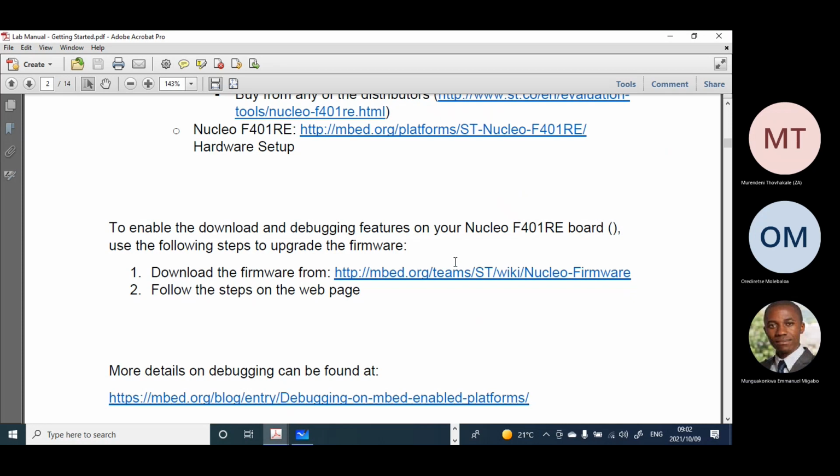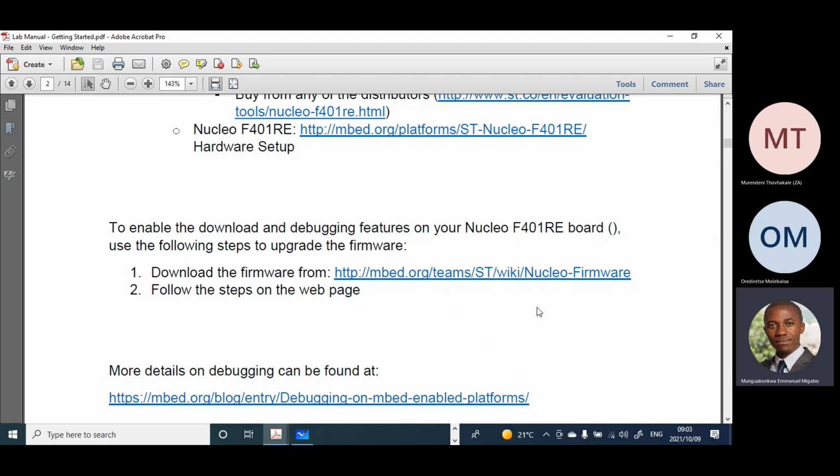That's fine. So now to enable download and debugging features, because as you do firmware development or any form of hardware design through firmware, you normally need to debug sometimes to ensure that what you wrote in code is what you expect, and the outcomes you are getting are what you expect. This is very important, especially with microcontrollers, as you have very limited visuals. So debugging is very important.